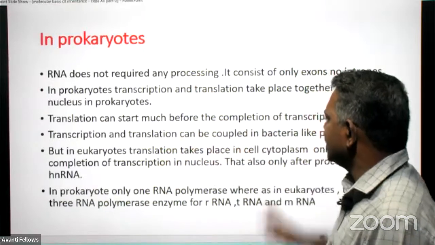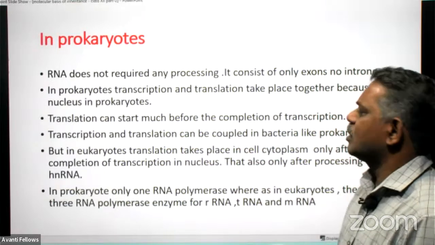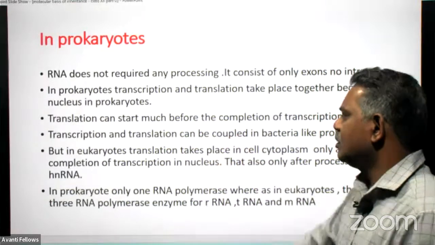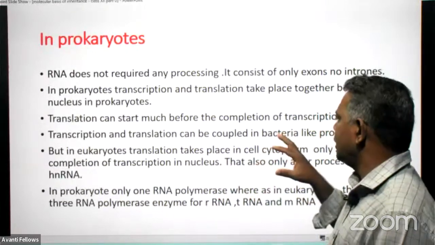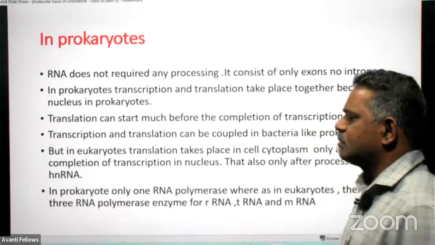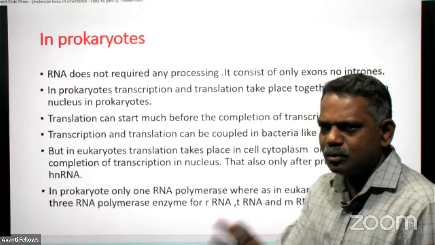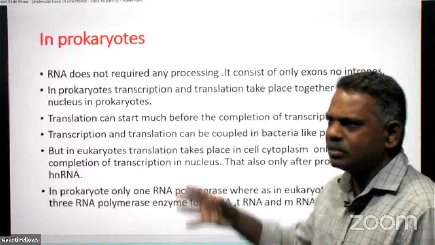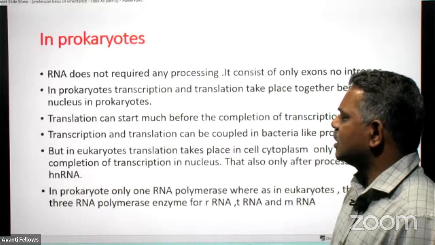Transcription and translation can couple in bacteria, like a prokaryote. But in eukaryotes, translation takes place only in the cytoplasm, only after the completion of the transcription in the nucleus. So these are two different processes in the eukaryotic cell.